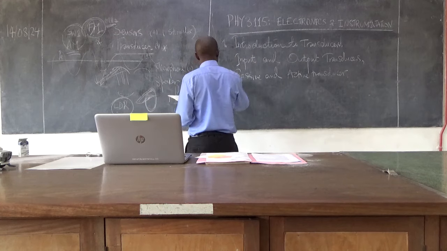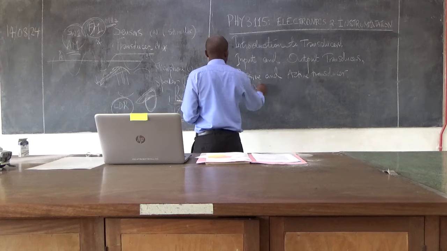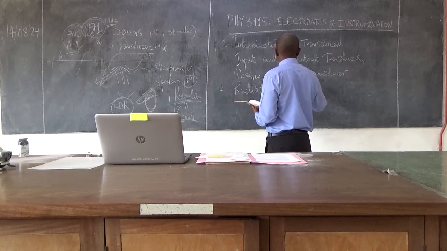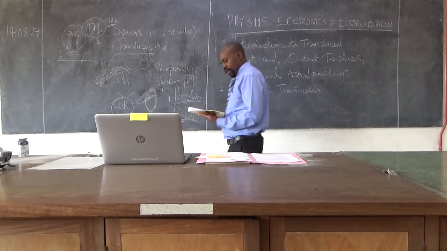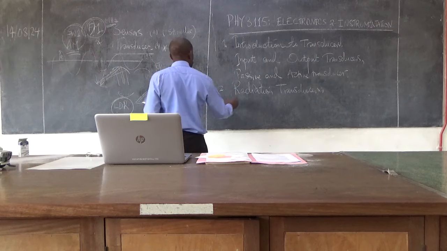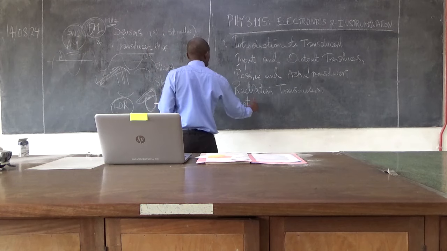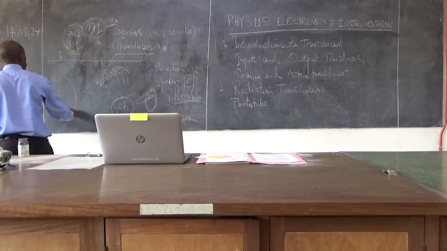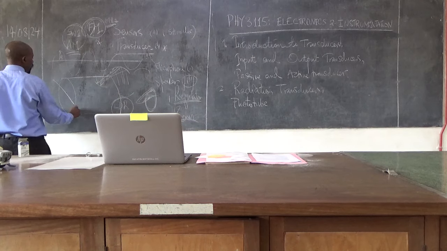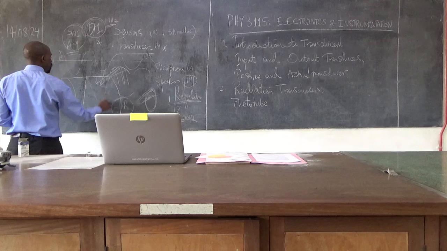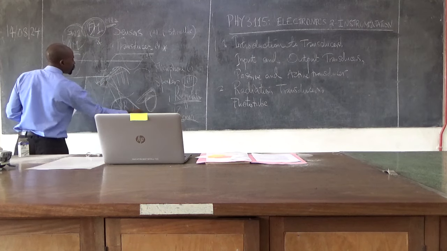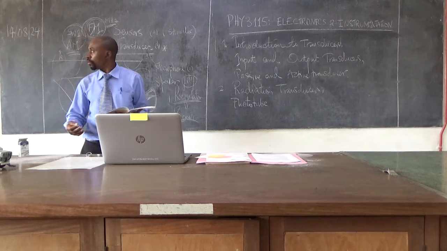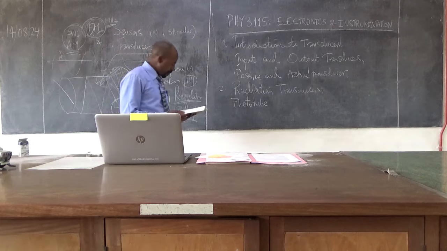Then we look at the radiation transducers. So we look at the phototube, this tube where you have the light entering and then it keeps knocking and getting multiplied, and by the time it gets out, it's strong enough so that it can now cause whatever you want.